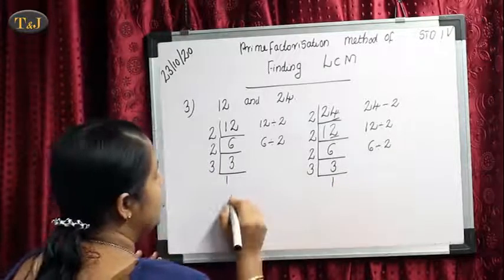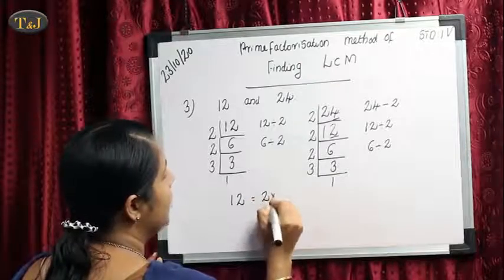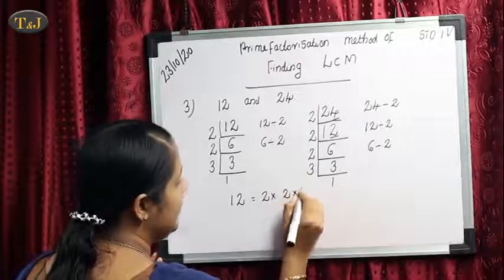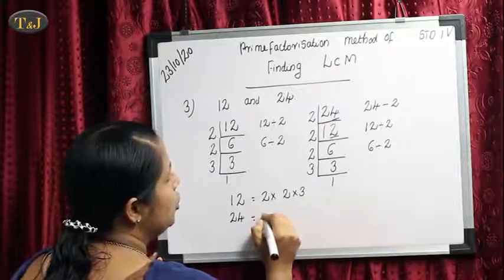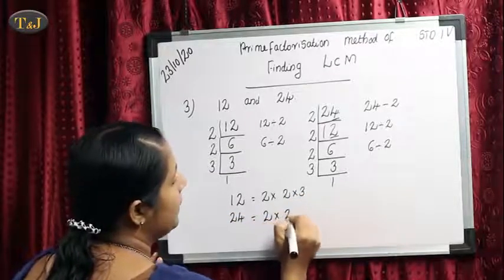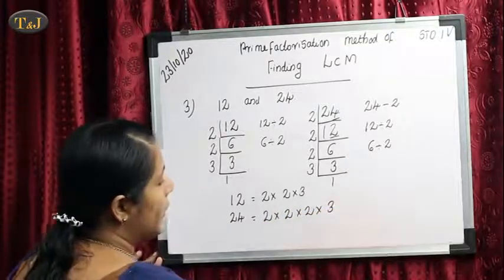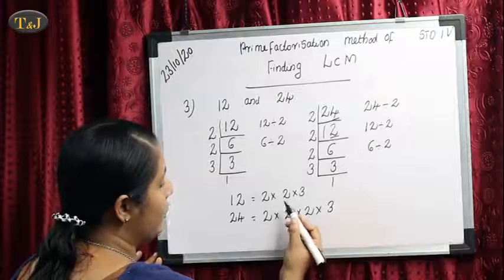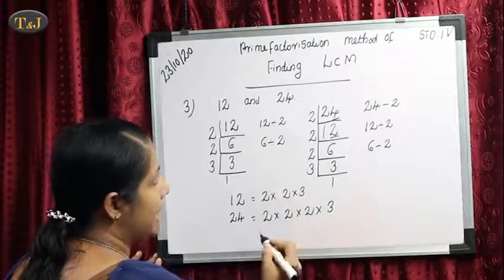So we write 12 equal, the prime factors of 12 are 2 multiply 2 multiply 3. Then the prime factors of 24 are 2 multiply 2 multiply 2 multiply 3. Okay. Then the prime factors of 12 and 24 are written. Next we want to find the LCM.